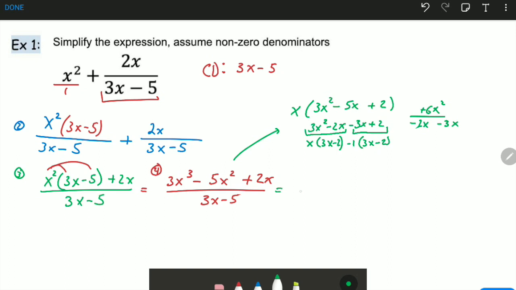So overall the factors of the top would be x, and 3x minus 2, and x minus 1 over the 3x minus 5.